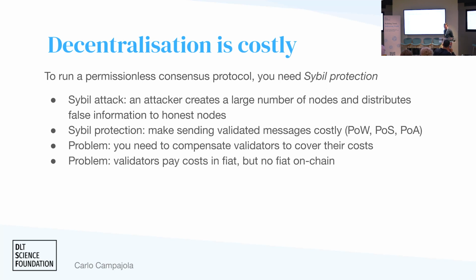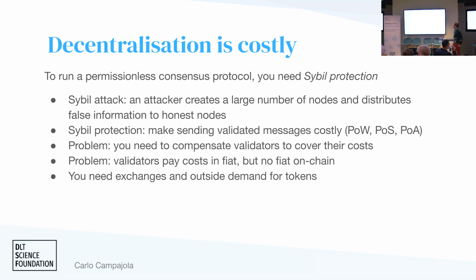Let's say you are a miner, you have to buy equipment, you have to maintain the equipment, you have to rent real estate, and so you have costs in fiat money, but there is no fiat money on chain, right? There is only Bitcoin or whatever else. So you need exchanges and outside demand for tokens. This is the key point. You need people to want tokens so that you can sustain your own mining.